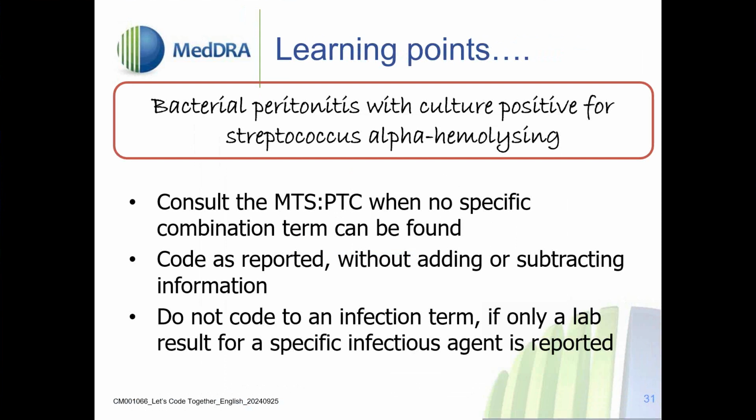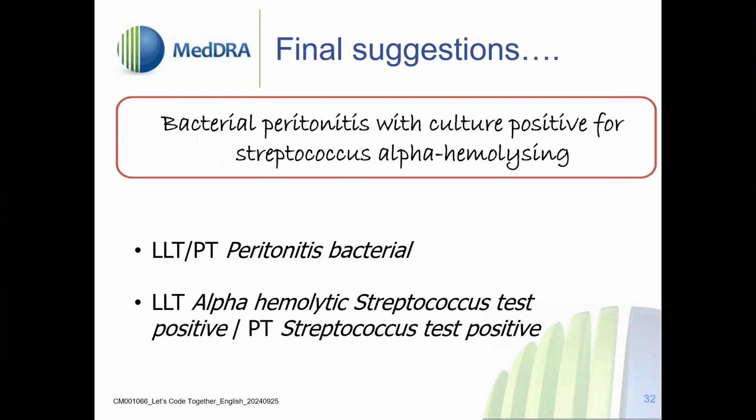Do not code to an infection term if only an investigational result for a specific infectious agent is reported. So with this, our suggestion would be to code to LLT-PT peritonitis bacterial and to the LLT alpha-hemolytic streptococcus test positive under PT streptococcus test positive.